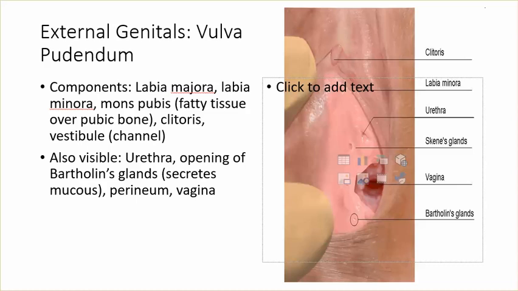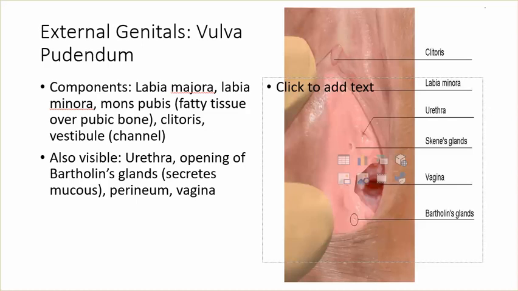So the external genitalia, female external genitalia, is the labia majora and the labia minora. So the labia majora is analogous to the scrotum. It's basically the exact same tissue as the scrotum that holds the testicles, except there's no testicles in them, so it's filled with fat.